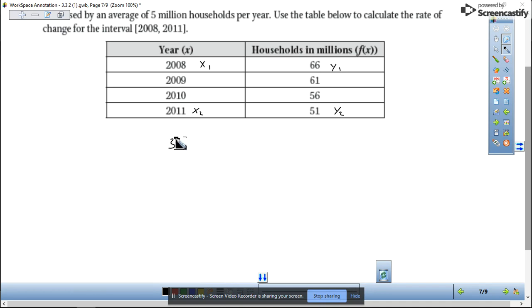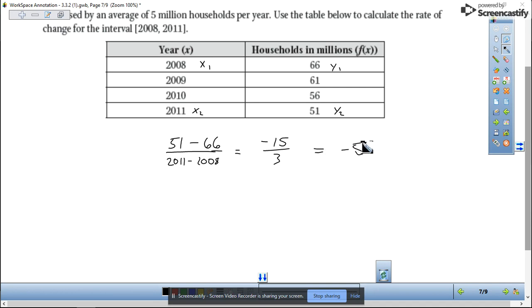So what we want to do is 51 minus 66 over 2011 minus 2008. Okay? And when we do that, we get negative 15 over 3. Alright? And so then, when you divide that out, you get negative 5.